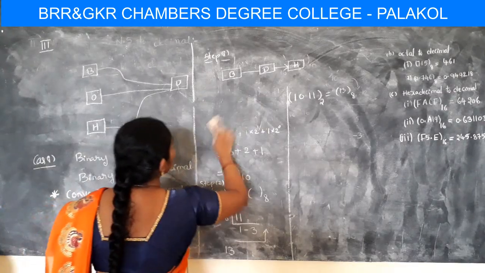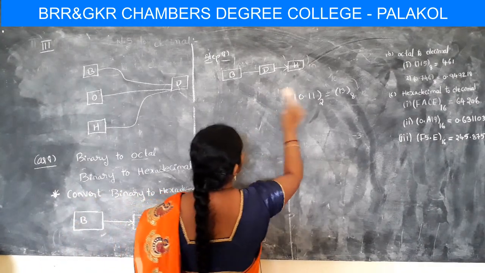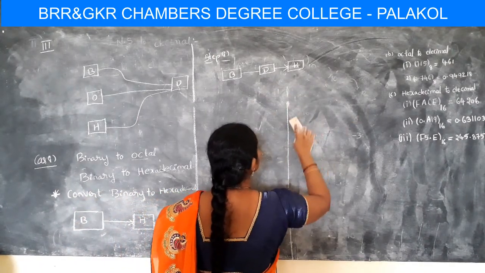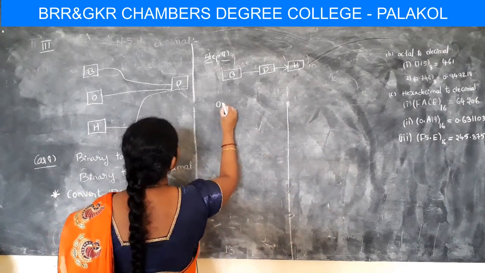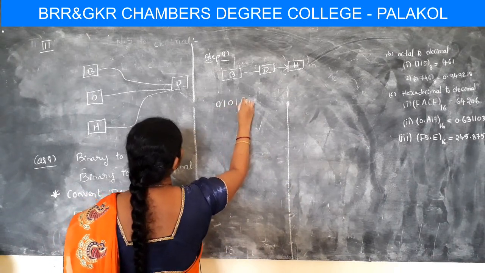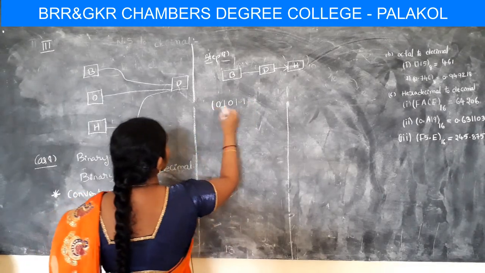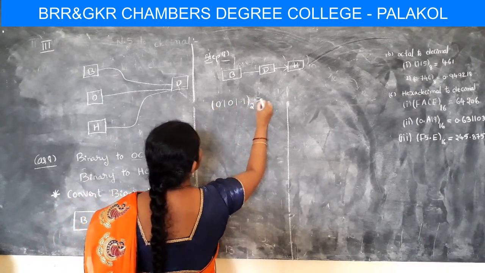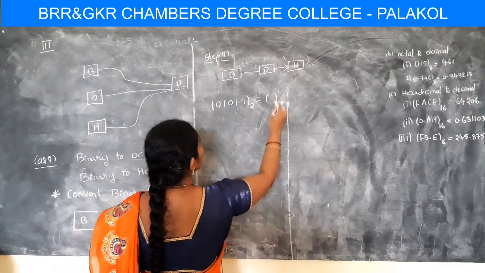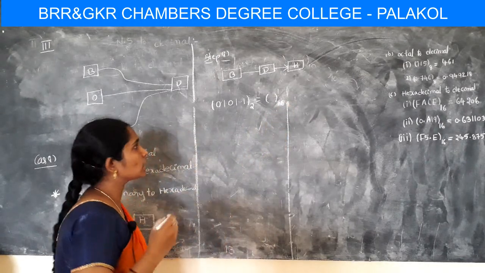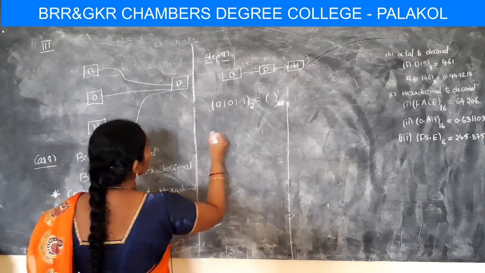We will consider another example here: 0, 1, 0, 1, 1. This is a binary number. This binary number is converted into a hexadecimal number, that is hexa, which is nothing but 16. The first step is this binary number is converted into a decimal number. What is the process here?